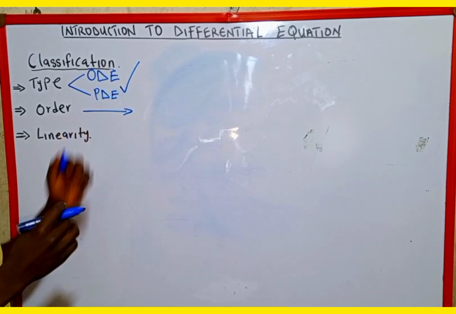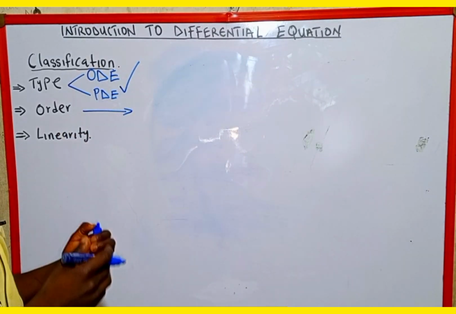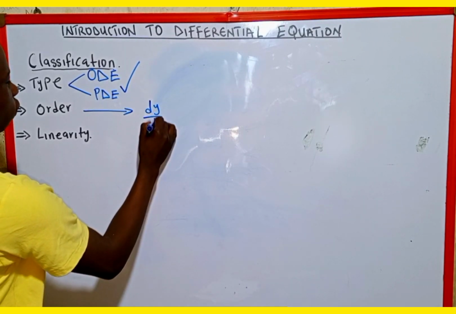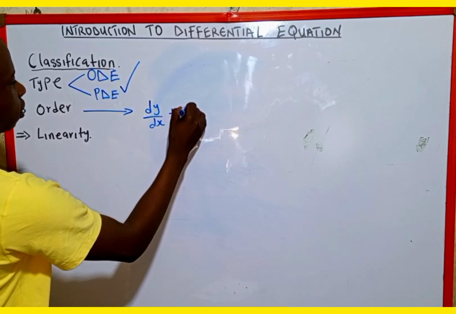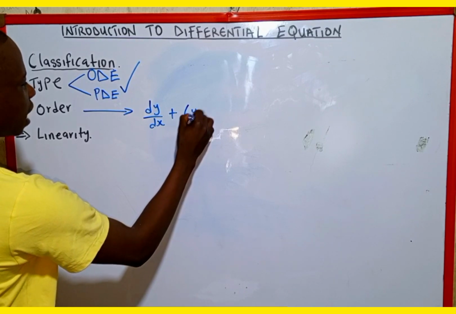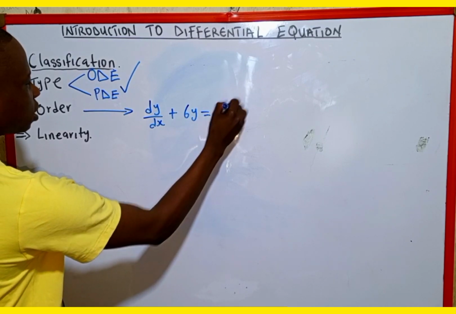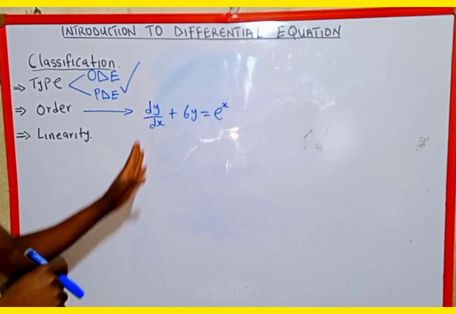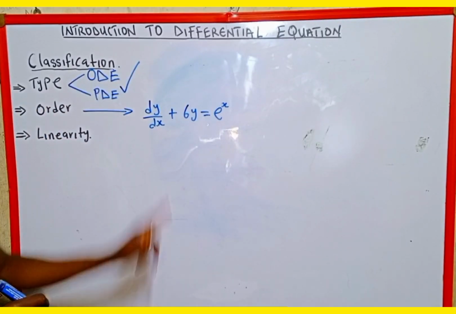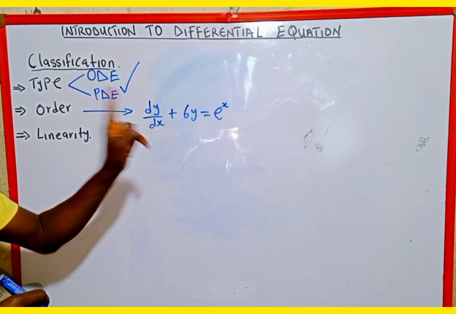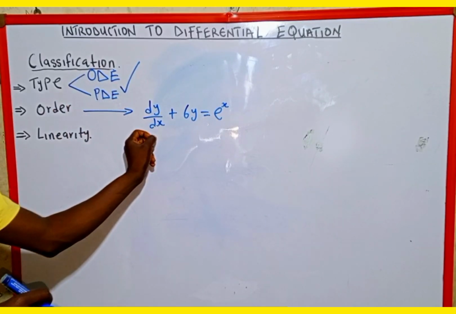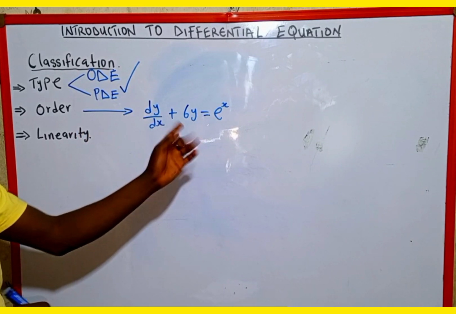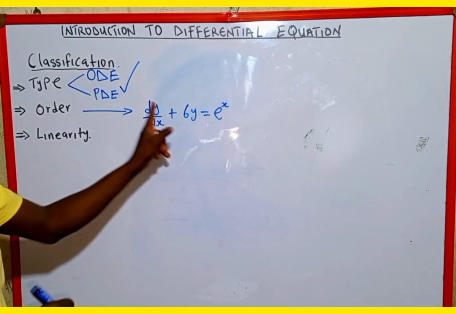Under this classification by order, when you have a differential equation in the form dy over dx plus 6y is equal to e to the power x, this has the first derivative, because dy over dx is the first derivative of the function. So this is a first order differential equation.